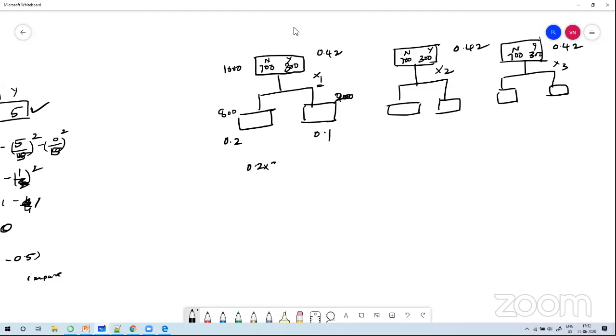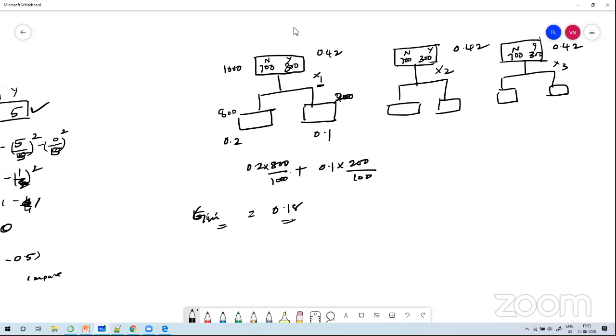So 0.2 into 800 by 1000 plus 0.1 into 200 by 1000. So this is going to be roughly between 0.2 and 0.1, let's say 0.18. So this is the entropy, sorry, Gini at the children when we used X1 to split.